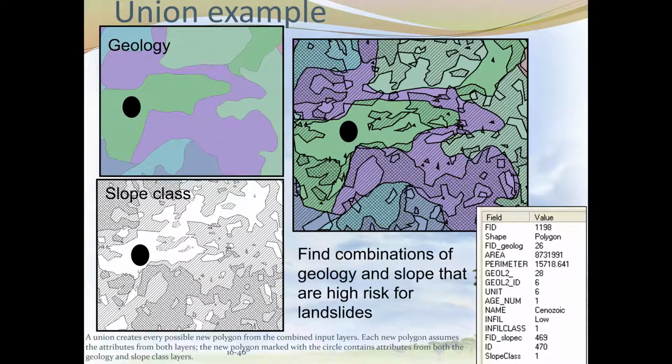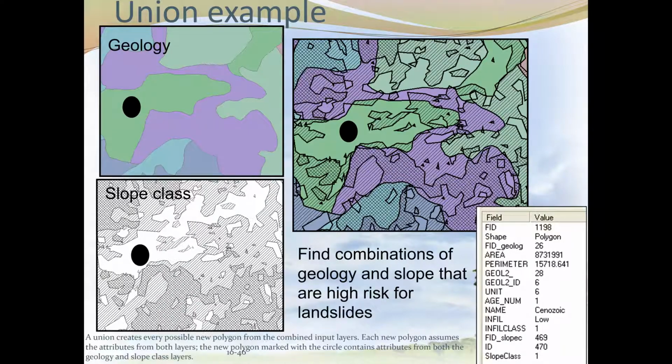In a union, the primary goal is to combine the tables. Generally, the input layers fully occupy the same region, as the geology and slope class layers do here.